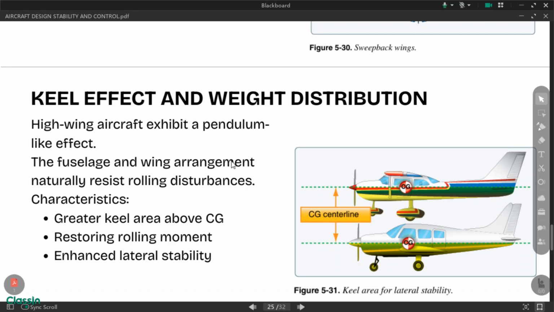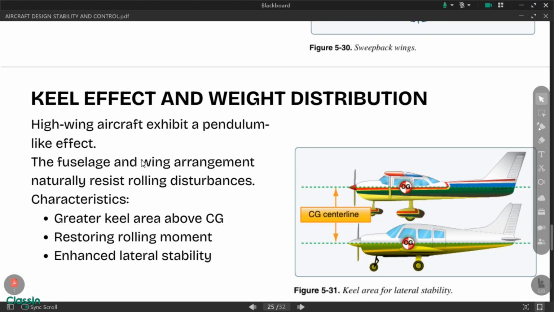At the same time, yung fuselage natin, kasi nag-hang siya below the wing structure eh. So pag may side slip tayo, parang kinokontra niya yung side slip. So what would happen is, again, may pendulum-like effect tayo. Yung fuselage natin would go back into equilibrium during side slip because of the pendulum effect.